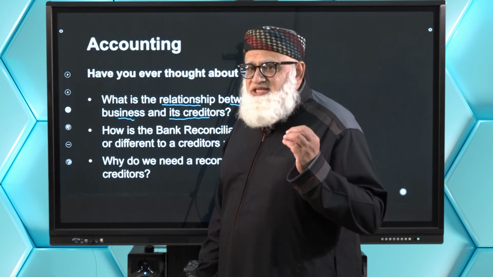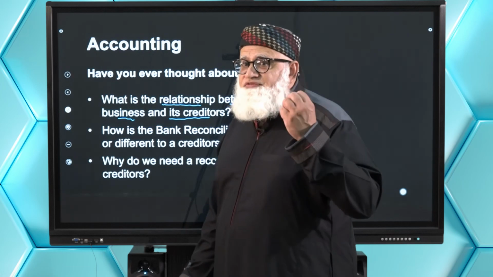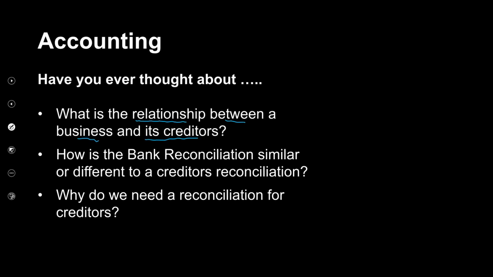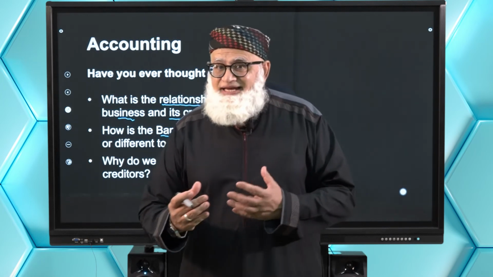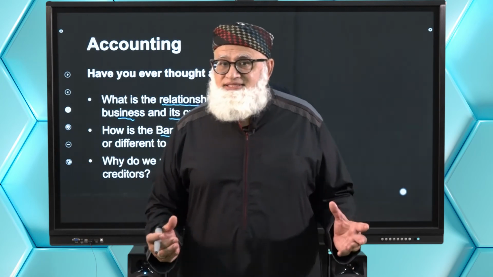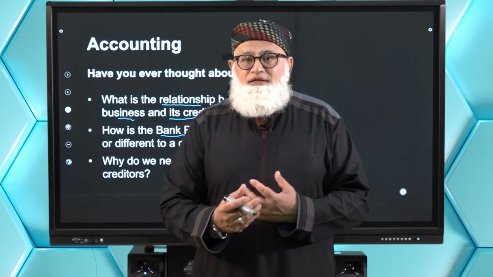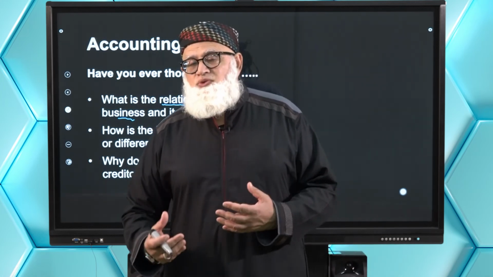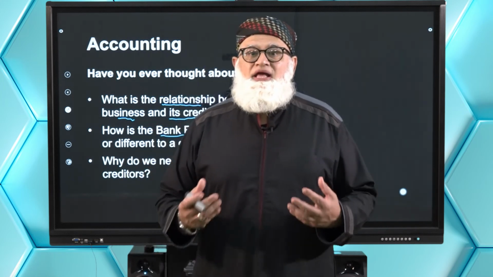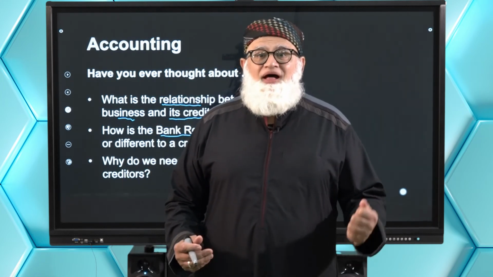I'm going to take you back slightly to one of our previous lessons where we dealt with the bank reconciliation. Remember, our relationship with the bank is that of debtor and creditor. I hope you recall that lesson. Similarly, when we're dealing with a creditor, the relationship is almost identical to that of our bank. However, it's not because our money is with the creditor, but rather we are buying goods on credit from the creditor.